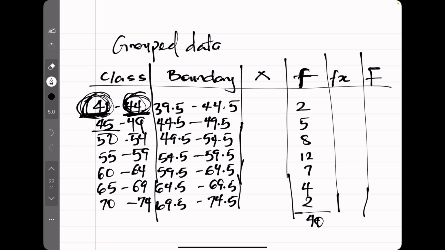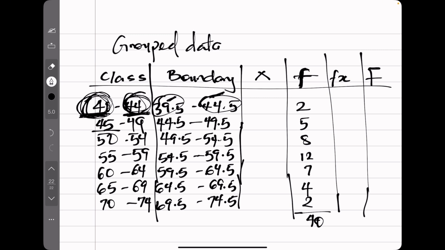So we have our f, we have our class interval, we have our class boundary. What we want to get now is our class mark. How do we calculate that? You add your lower class boundary and your upper class boundary together and divide by 2, and you get your class mark.